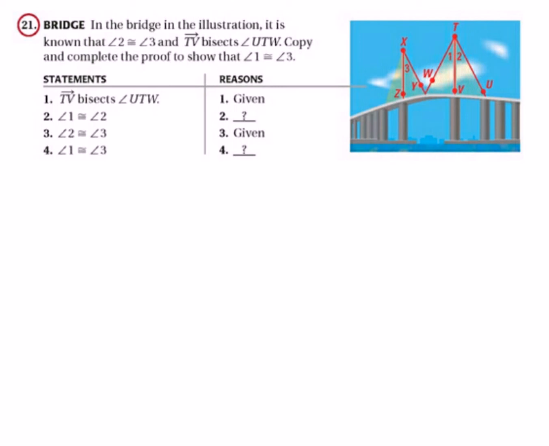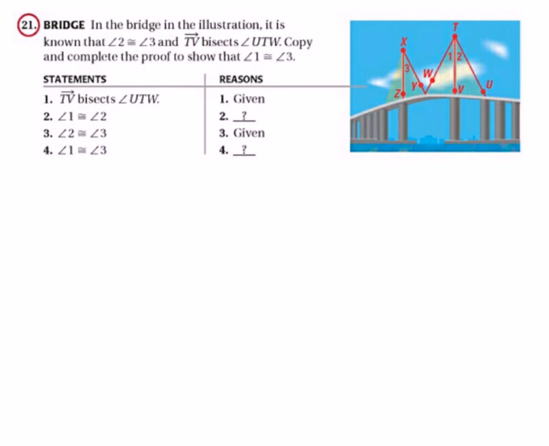Copy and complete the proof to show that angle 1 is congruent to angle 3. Now, as I'm reading this statement, I see 3 different things. I see angle 1, angle 2, and I see angle 3 twice. So off the top, I should know that transitive property is going to be somewhere in my answer.